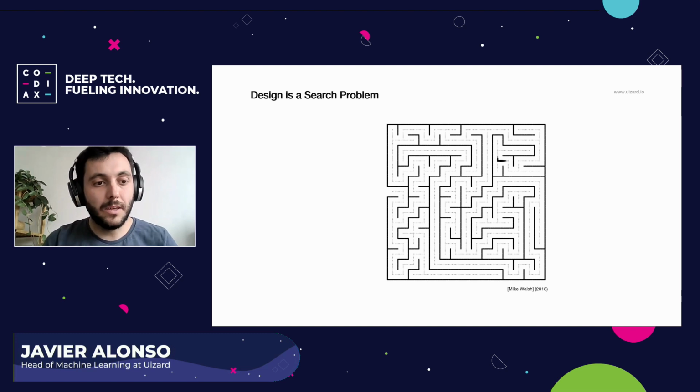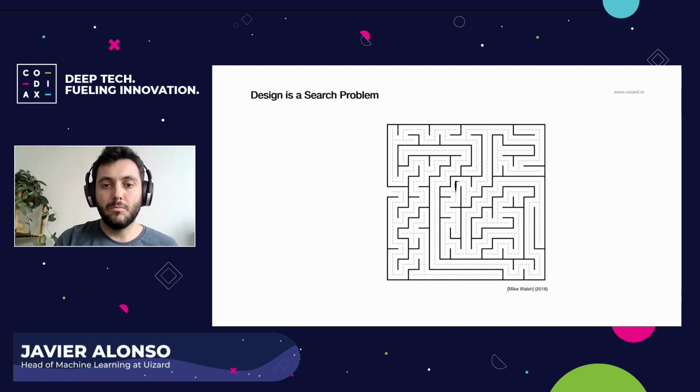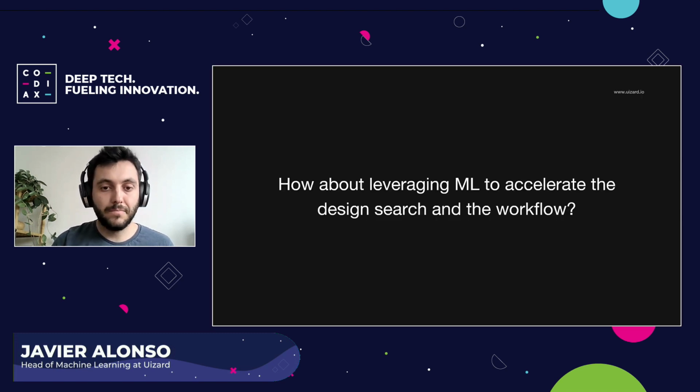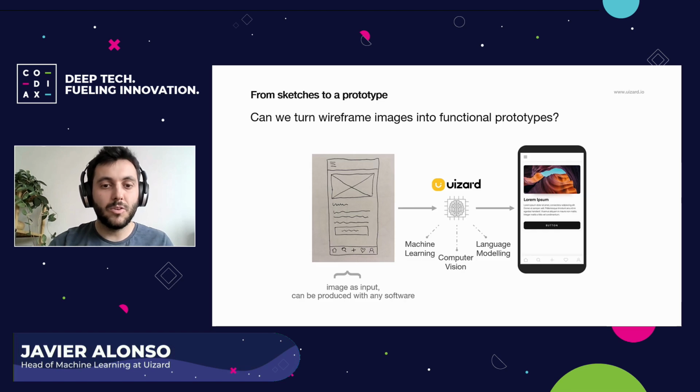So at Uizard, we were thinking about this problem, and we were wondering, can we actually leverage machine learning to accelerate this search problem and in general the workflow of creating apps and websites? And with this idea in mind, Uizard started by thinking about solving this particular problem.